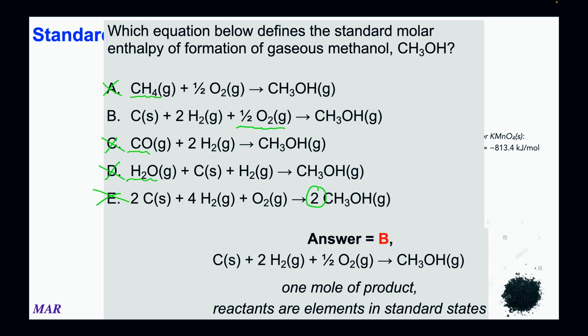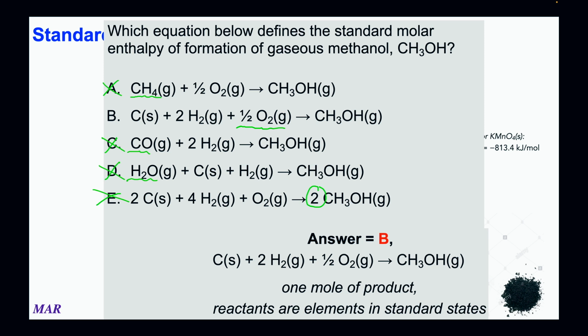So we would have to write, even me, I would have to write 1/2 O2 because we only want 1 oxygen atom in methanol. So we have to use fractions here. So again, because you are limited by 1 mole of product, sometimes you, and me too, will have to use fractions when writing equations. And this is the only time I want you to use fractions when writing equations, all right? Only with heats of formation.